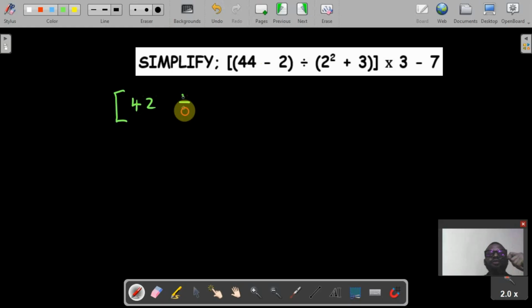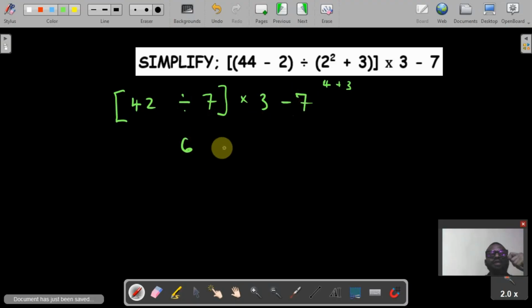Then divided by, this bracket here, 2 square is 4. Then 4 plus 3 will give me 7. Then I'll close the bracket. Then multiply 3. Then minus 7.